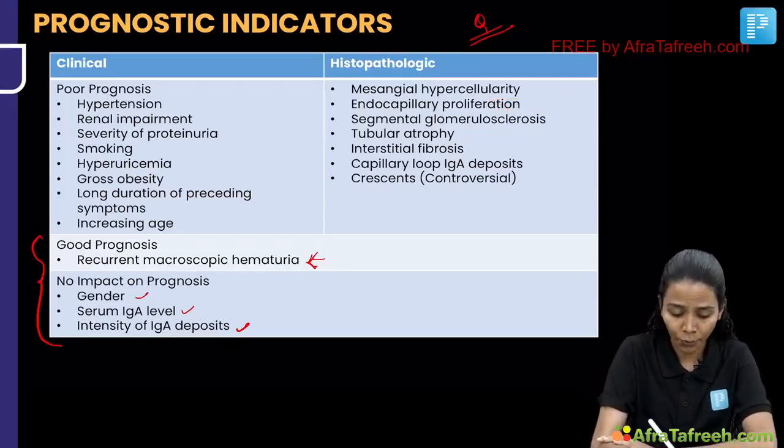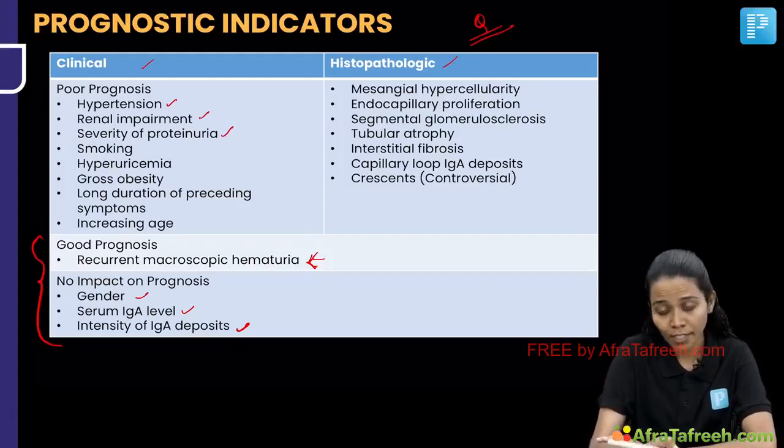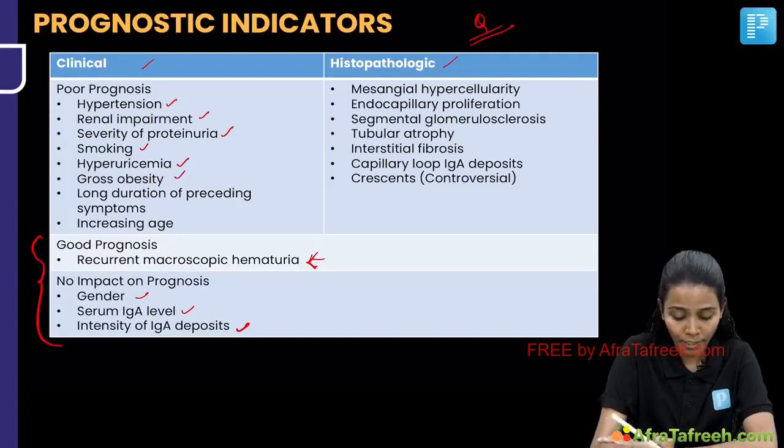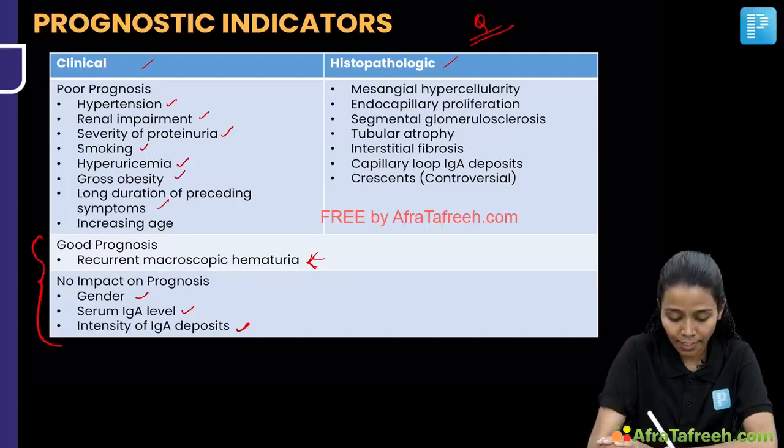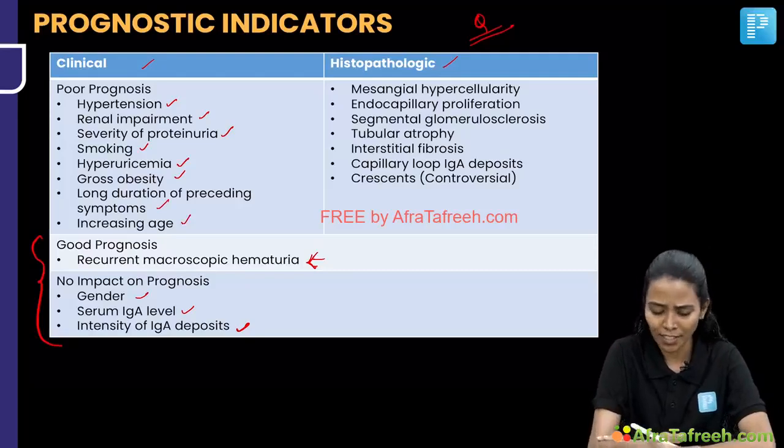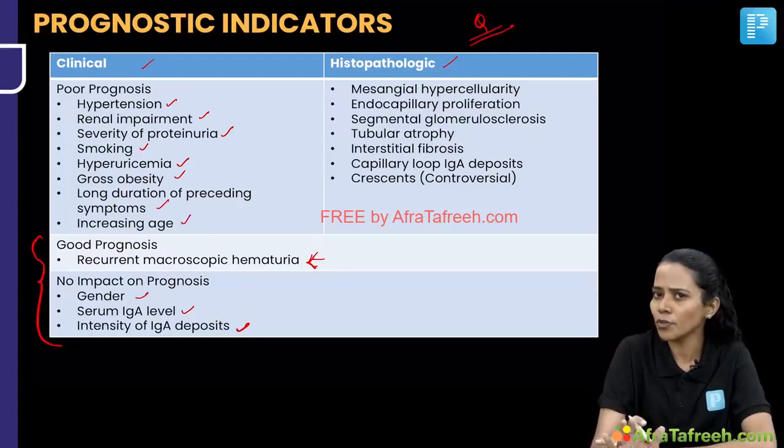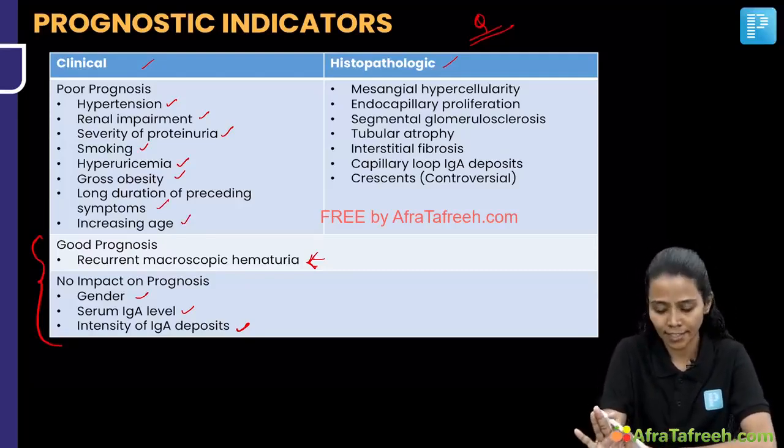So poor prognostic factors are classified into two. One is clinical, one is histopathologic. So hypertension, of course, renal impairment, proteinuria if it's severe, smoking, hyperuricemia, obesity, long duration of preceding symptoms, and increasing age. Okay, so these are general poor prognostic factors in any kidney disease.